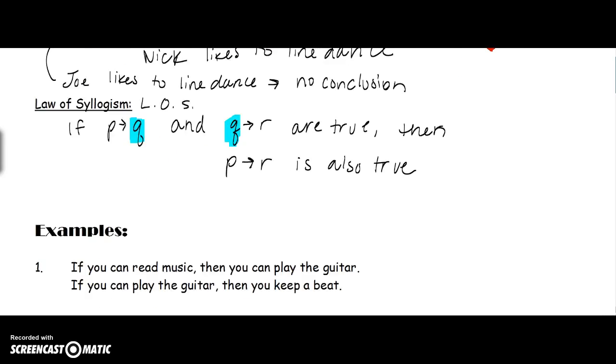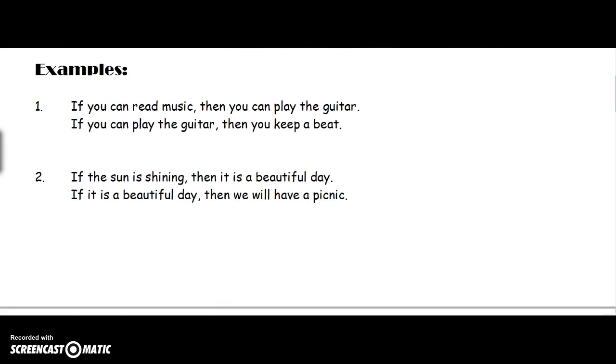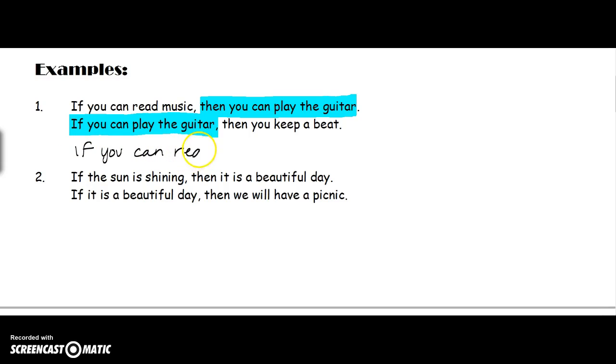So here's an example. If you can read music, then you can play the guitar. If you can play the guitar, then you can keep a beat. So if you have your conclusion of your first statement and your hypothesis of the second statement, if they match, we just say, if you can read music, then you keep a beat.